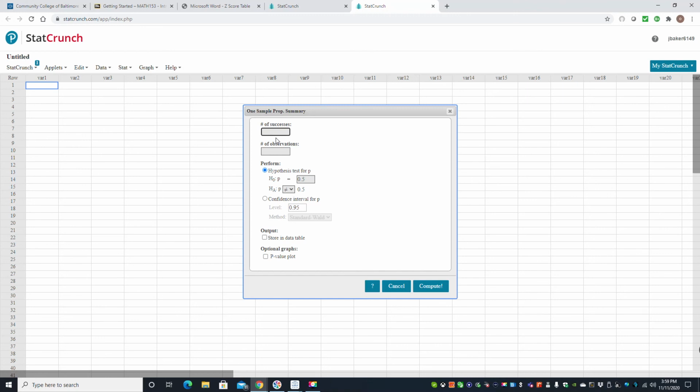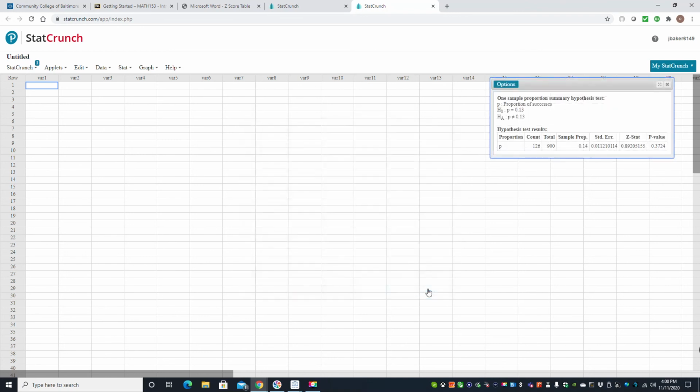We have 14% of 900, so that was 126. So number of successes is 126, and number of observations is 900. And then we want to make this 0.13, and it's not equal to. And we hit compute, and yep, that's pretty close to what we got.